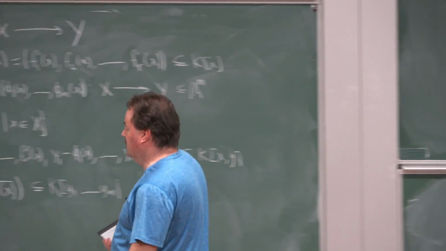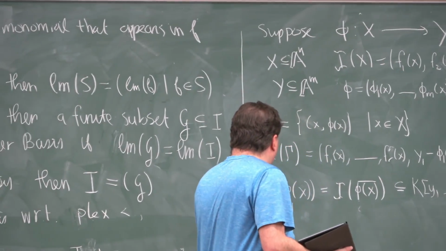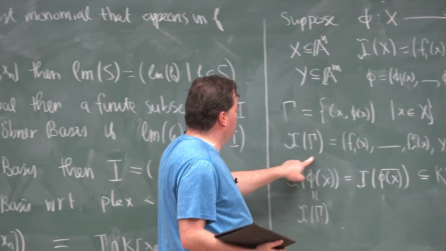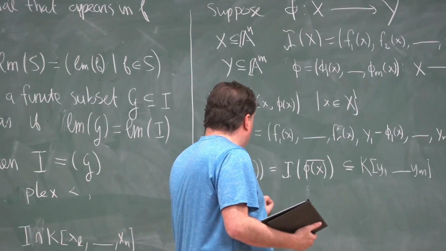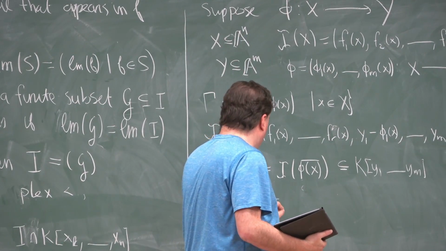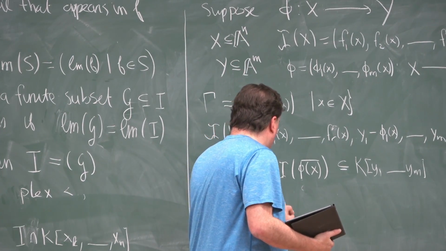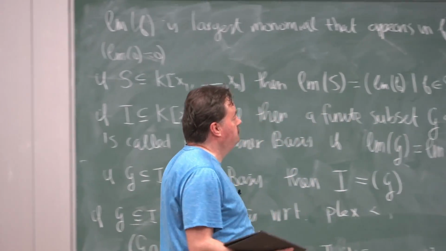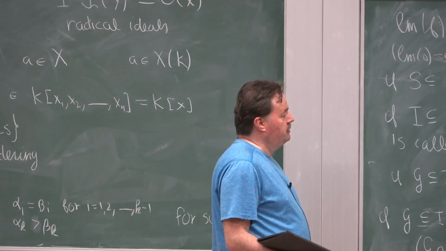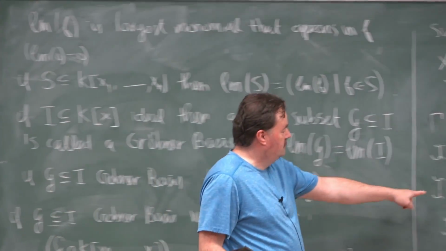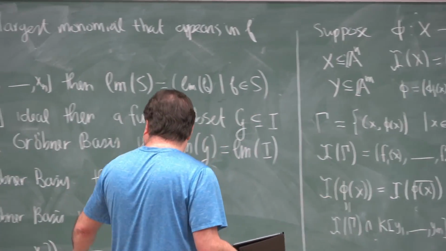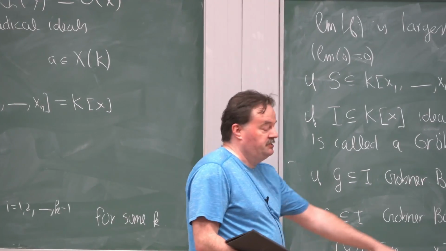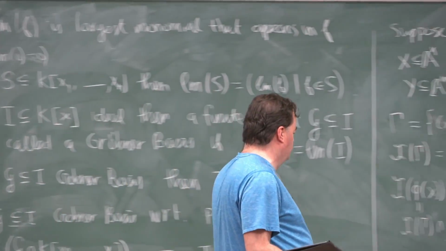So this vanishing ideal is the intersection of the vanishing ideal of this graph with the polynomial ring in the y variables. And so we can compute this ideal because we can use Buchberger's algorithm to compute this intersection, right?